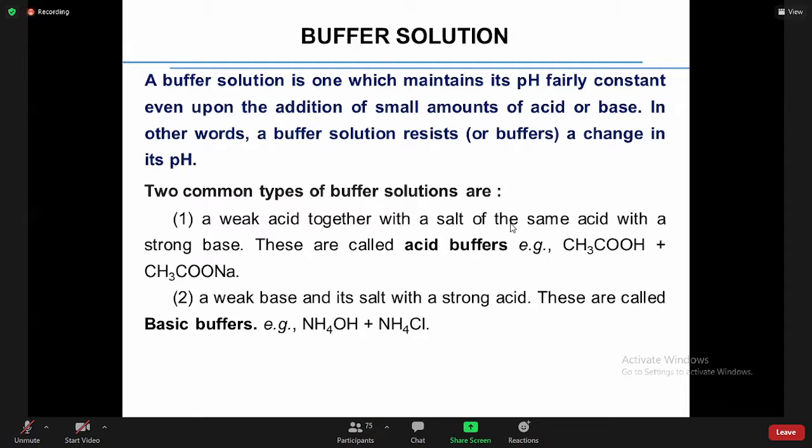It's not that the pH will not be changed at all; rather, the change will be very negligible. So that solution which can resist a big change in its pH is called a buffer solution. So we can say addition of a small amount of acid or base to a buffer solution resists the change in pH, right?